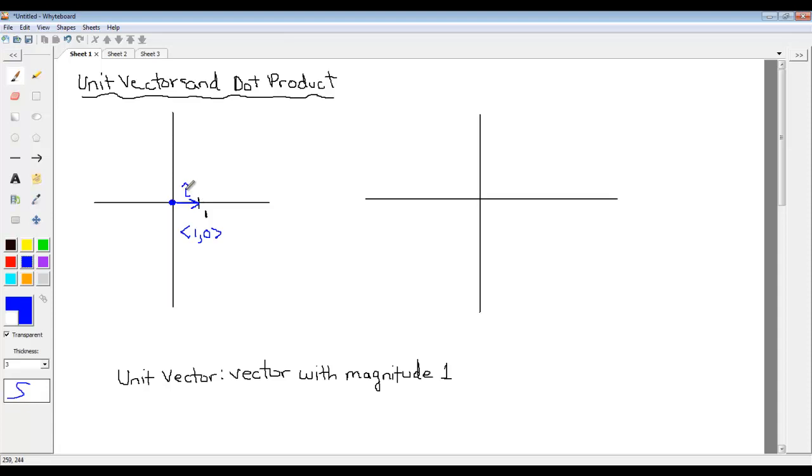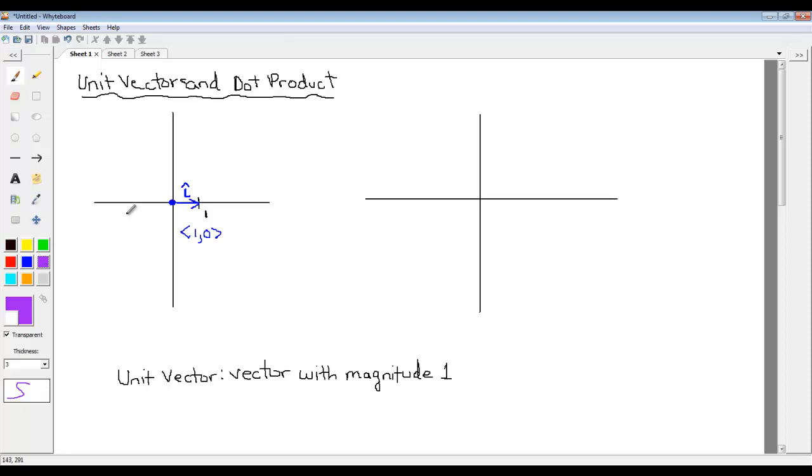Now, so that you know that I'm talking about the i vector here, I'll refer to it as i hat. That's something that's commonly done in other classes. And in the book, it's typically going to just be bold i, but I'll go ahead and do i hat here on notes and such.